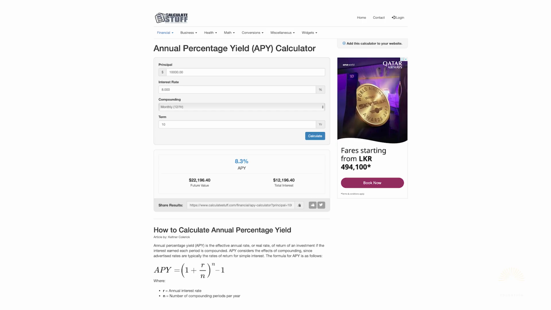The rate is usually given by the financial institution itself, but if they haven't, you can also calculate it yourself by using an online calculator like calculatestuff.com by feeding the interest rate and the compounding frequency into it.